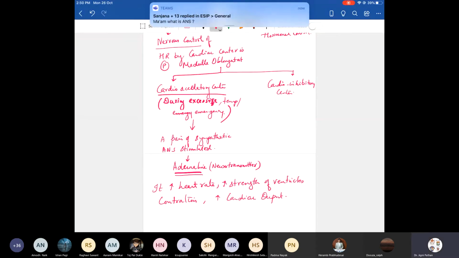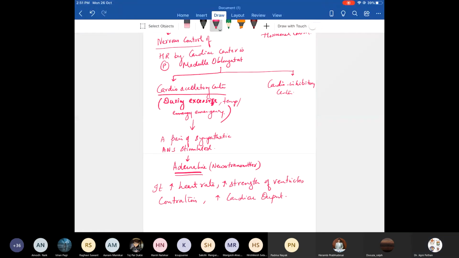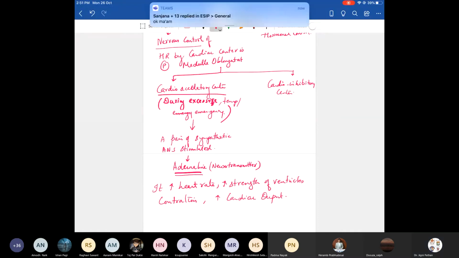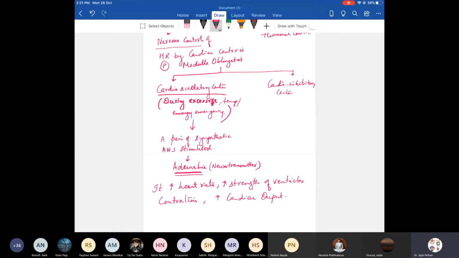Autonomic nervous system, Sanjana, we'll study this in the brain part. Under the autonomic nervous system, you have sympathetic and parasympathetic. The nerve that gets stimulated during an increase in heart rate is the sympathetic autonomic nervous system, and the neurotransmitter which stimulates is adrenaline. Is it clear to all?